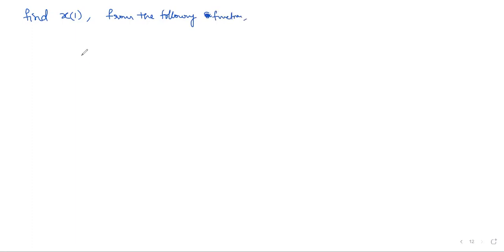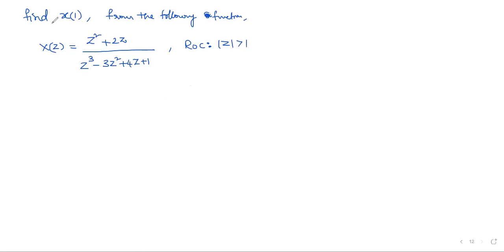Now x of z is equal to z square plus 2z divided by z cube minus 3z square plus 4z plus 1. If this is the question, what is the ROC given? Mod z is greater than 1.